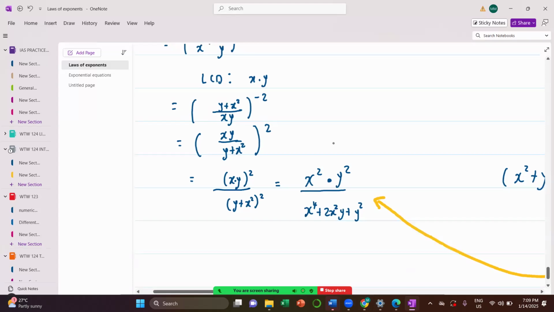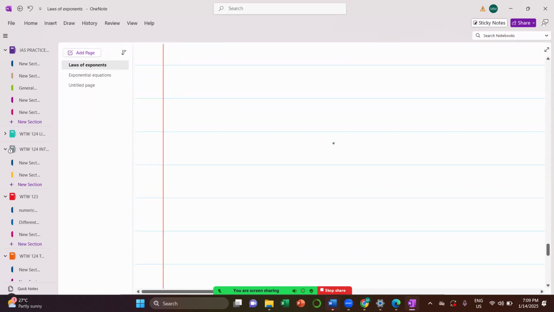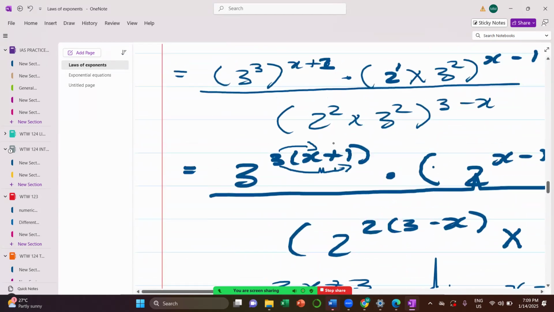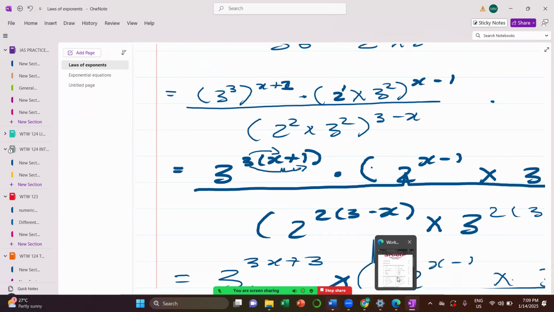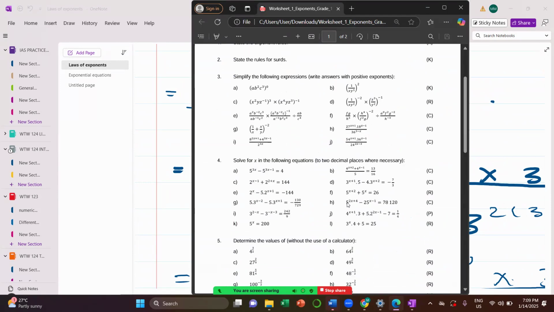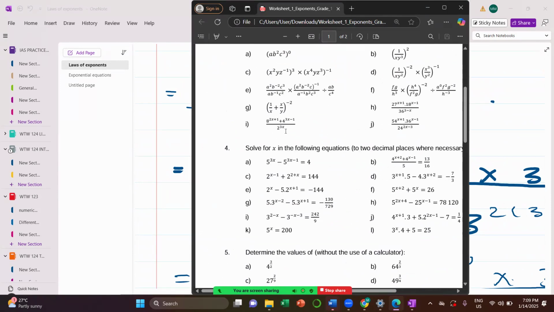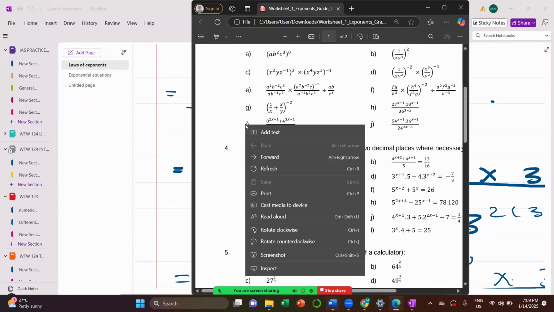Let me now go back to here. So I'm gonna take now one last problem. Assuming that you guys now understand that one, I'm going to take up one last problem. I want to do a similar one to the one that we did yesterday. I think letter I will be good. This one.